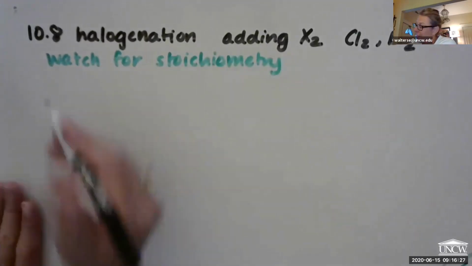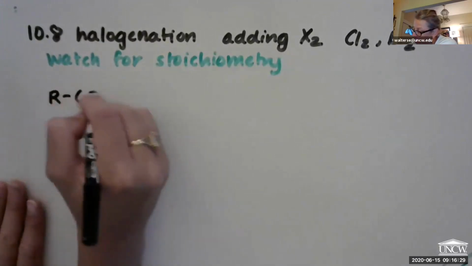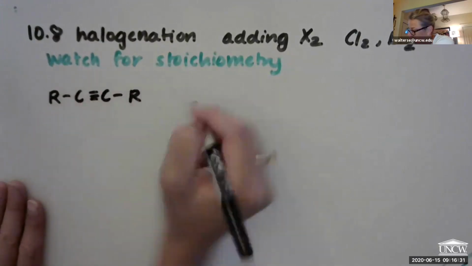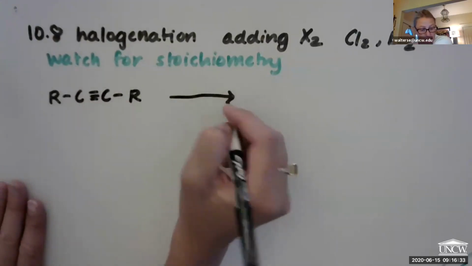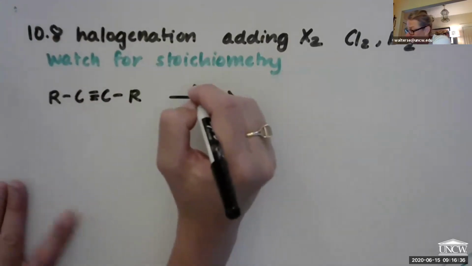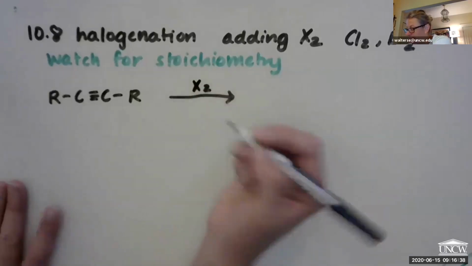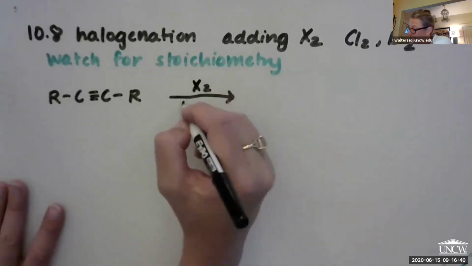And what I mean by that is if you have an alkyne and you write that you're using X2, and in this case the solvent is given, it's carbon tetrachloride.